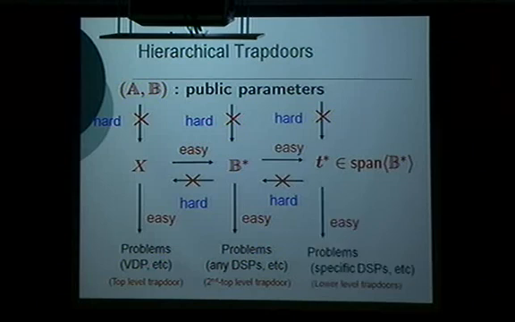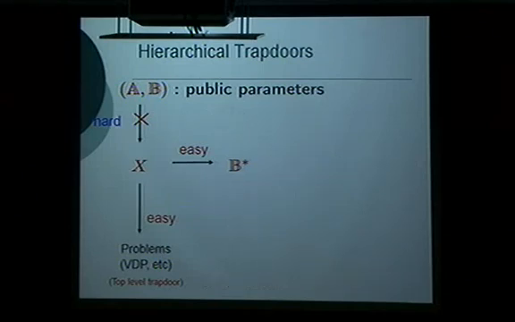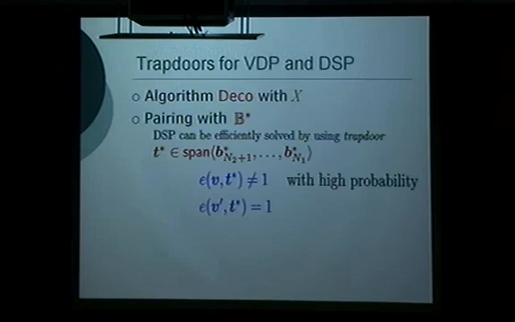But still, this is effective to solve some specific DSP problems. As I mentioned, if we got some element inside the space spanned by B star, such a single element is still very effective to solve a DSP problem.